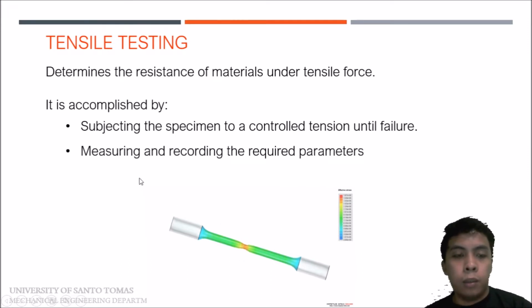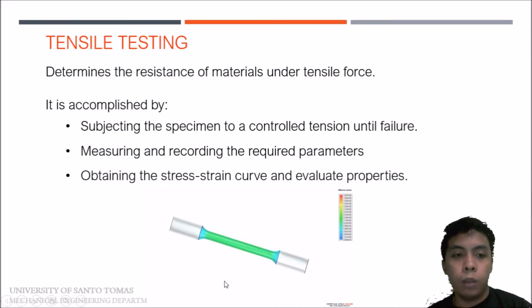Next, measuring and recording the required parameters. Usually naman ang mga required parameters dito will be the force applied to the specimen and then the elongation that happened to the specimen para mahanap natin yung stress and strain natin. Lastly, using those measured parameters, pwede na natin ma-obtain yung stress strain curve natin and pwede na rin natin ma-evaluate yung property niya.